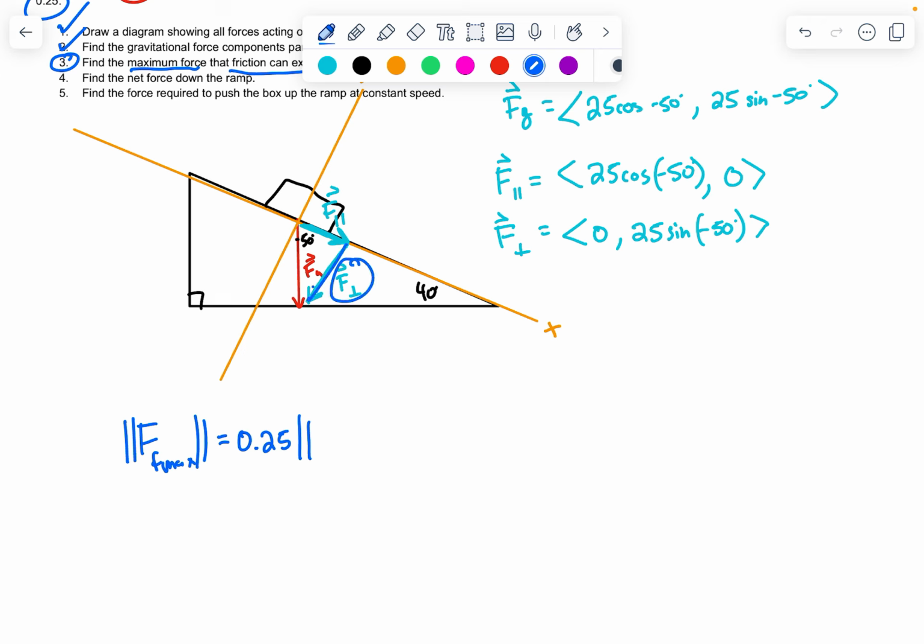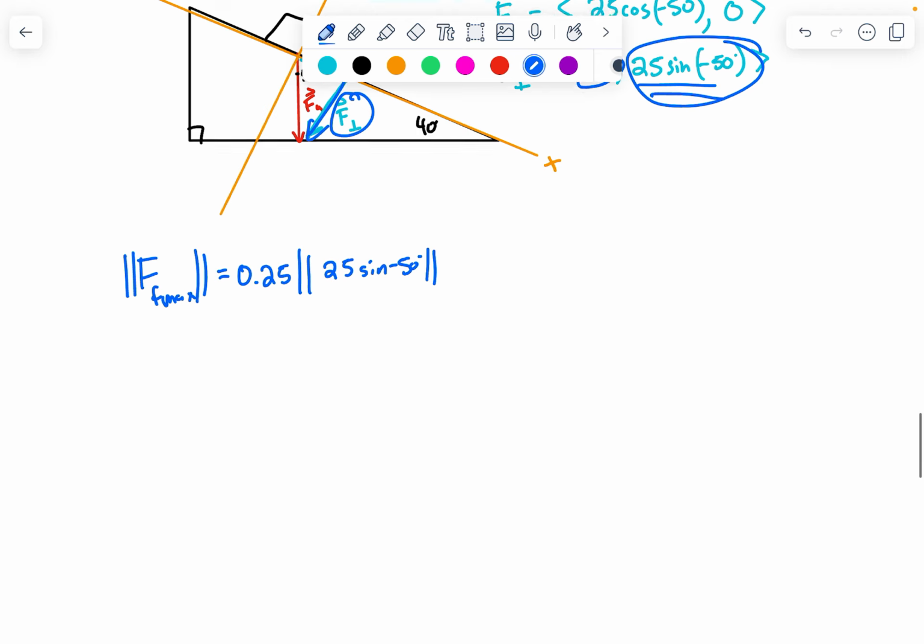How hard we push into the ramp tells us how much that coefficient of friction gets activated. And so this is the magnitude because this is 0, has no effect on the magnitude. So we multiply it by 25 sine negative 50. Okay, so the max that friction can actually exert is just a value.